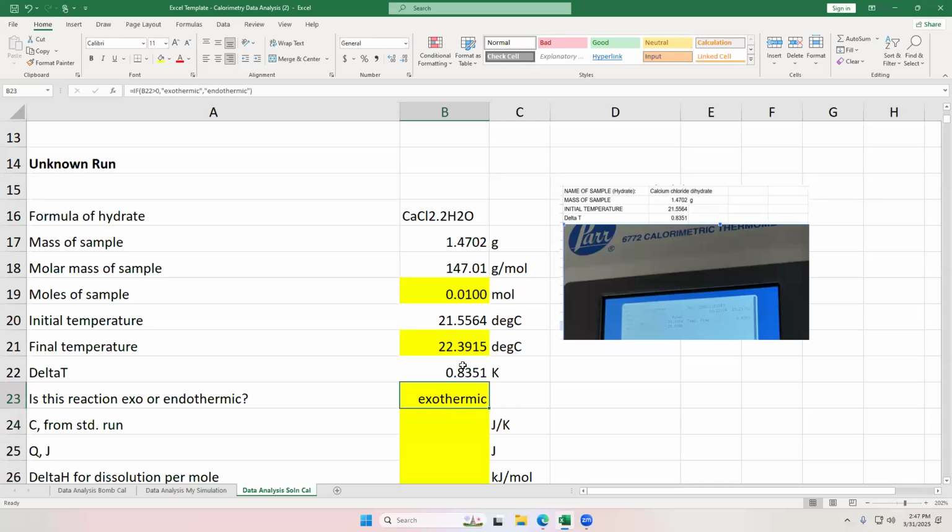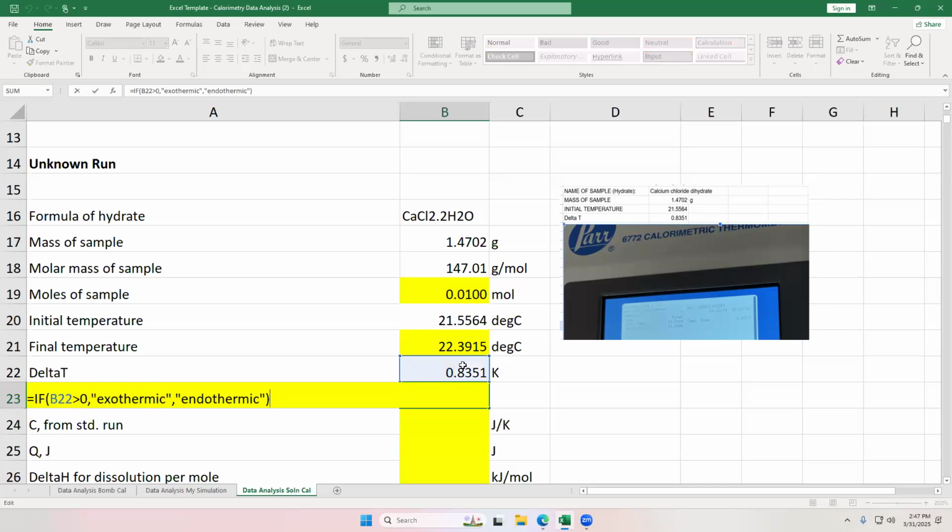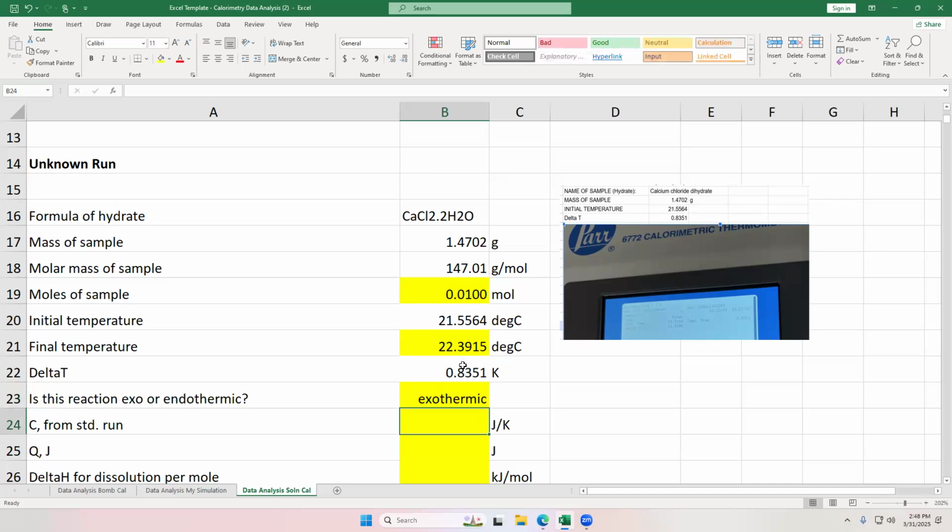This one says if the cell above, which is delta T, is positive, then you're looking at an exothermic reaction. Otherwise, it's an endothermic reaction. So we can see that this reaction is exothermic. The temperature went up when you dissolve calcium chloride dihydrate in water.